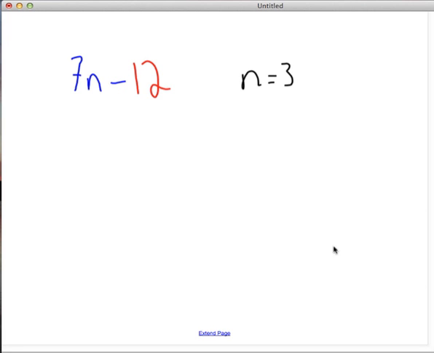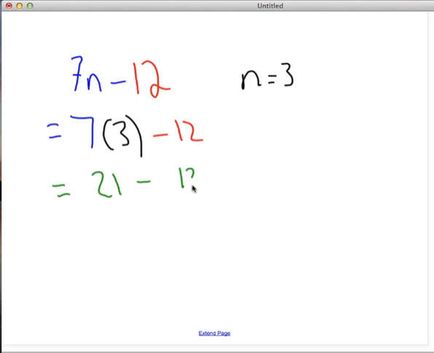That means that I'm going to substitute my values, so this expression is going to equal 7 multiplied by 3 subtract 12. So this is going to equal 21 subtract 12, which equals 9.